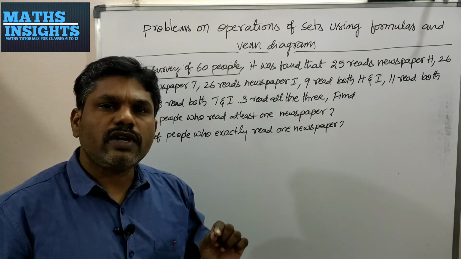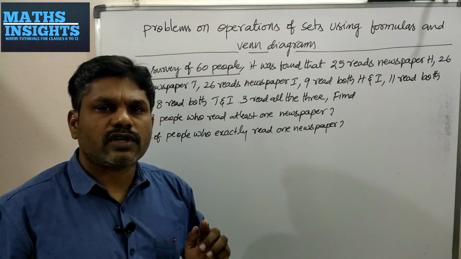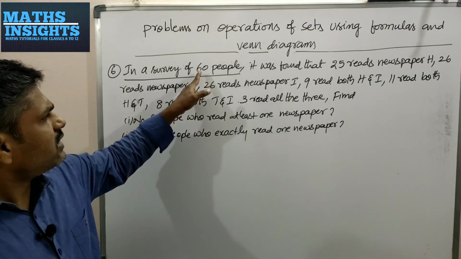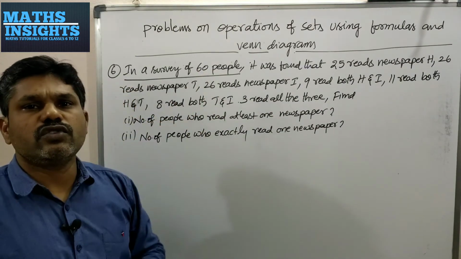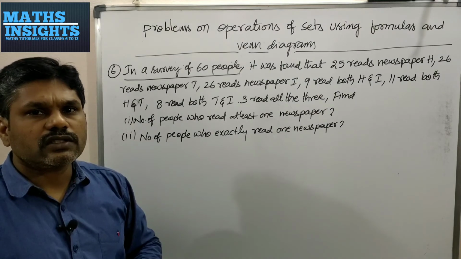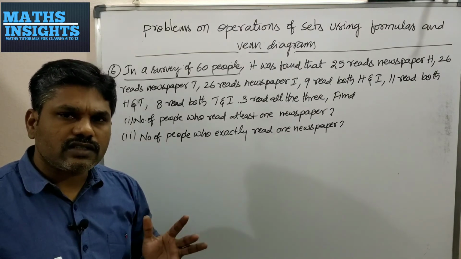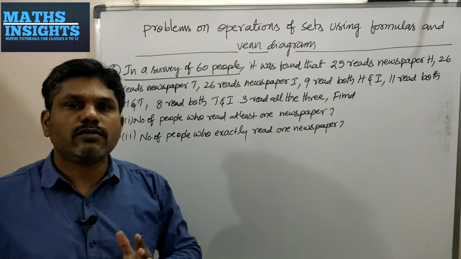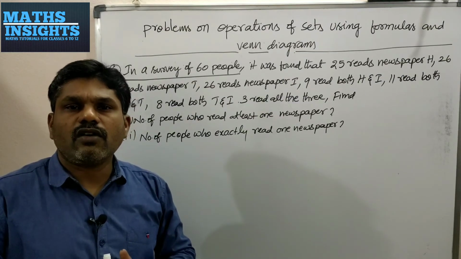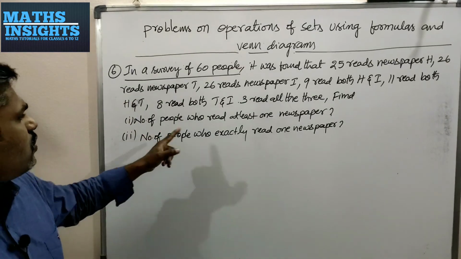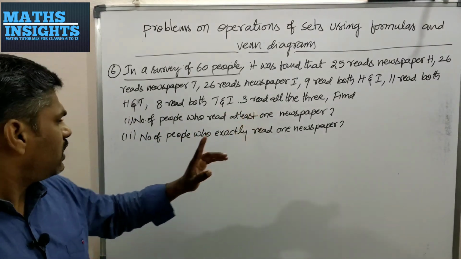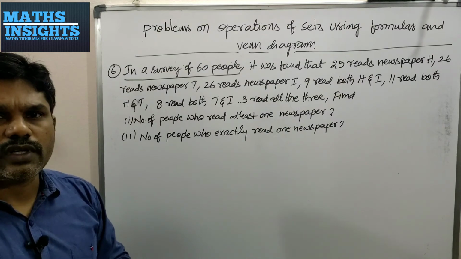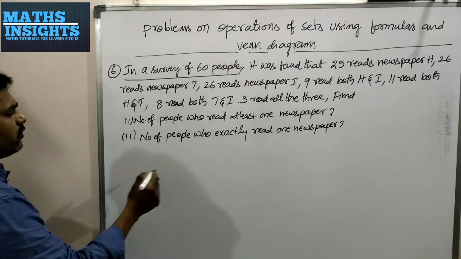If anybody reads at least one paper, he comes into the union. But you have to understand that these 60 is not the union. Why? Because they surveyed 60. In that 60, some may not read any newspaper. So you have to remove them and the remaining are the persons who are reading at least one newspaper, and number of people who exactly read one newspaper. We will have the formula for this.